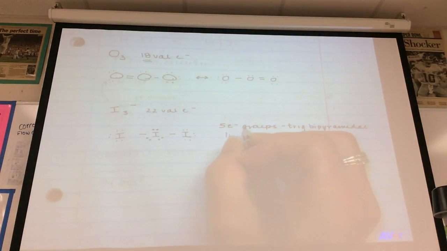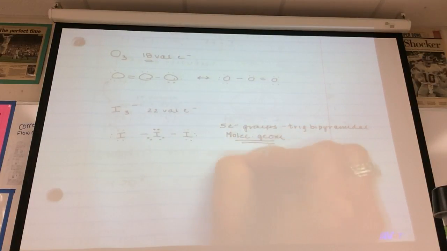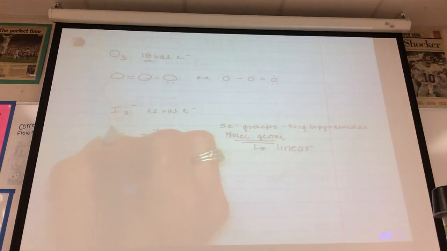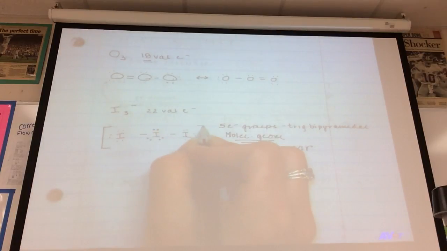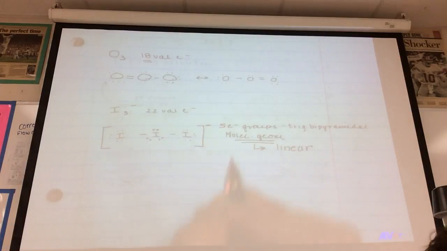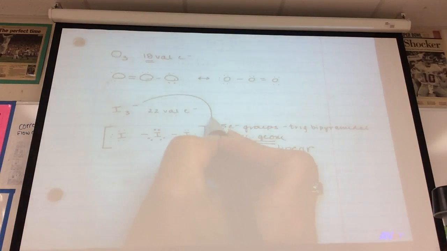But the molecular geometry, which is typically what they're going to ask you, is in fact linear. And I was sloppy here because in drawing this, whenever you have an ion, you of course bracket and put a charge there. Don't forget, if you have an ion, put it in brackets with the charge.